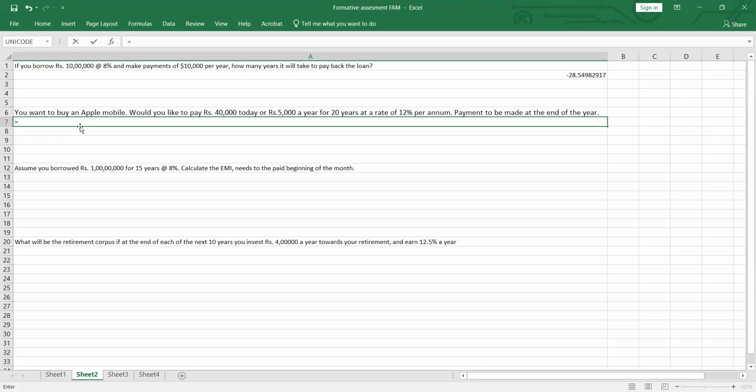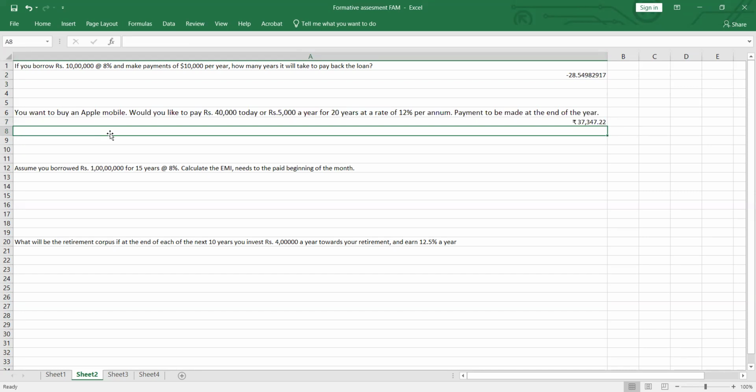So we calculate PV. The rate is 12%, then 20 years, and this is my expense so I put a minus sign, then zero, and then beginning or ending. Put the column and press enter. This is the present value.